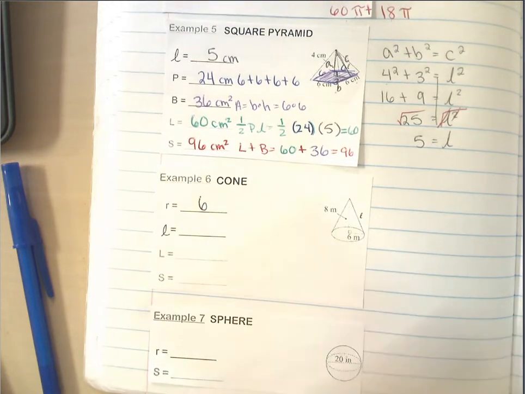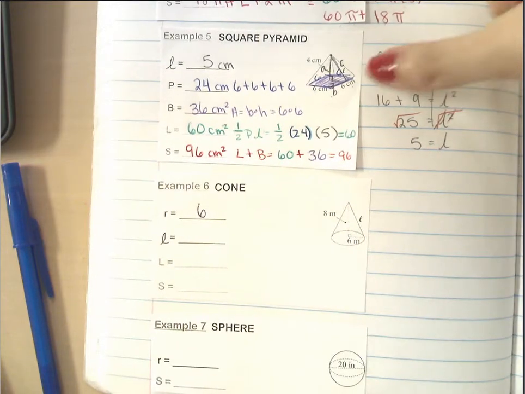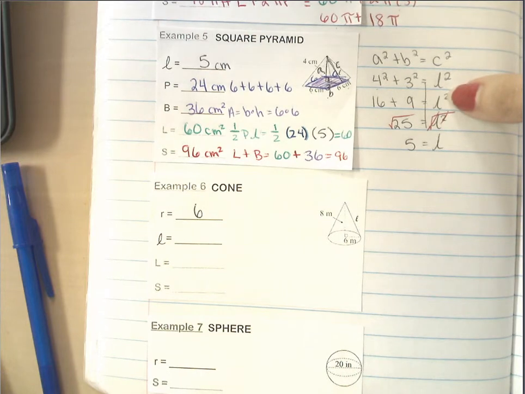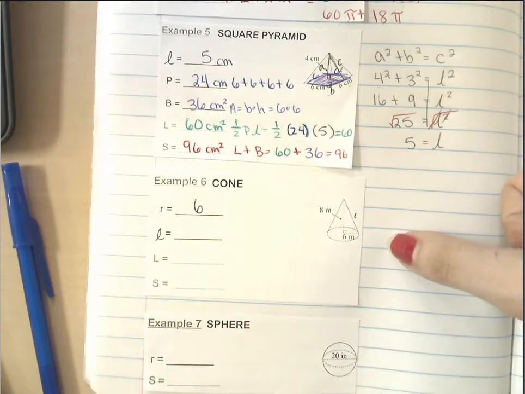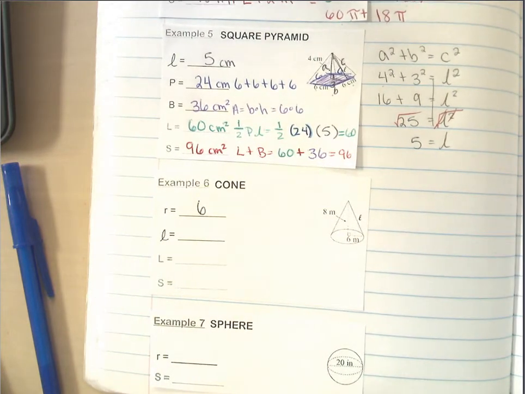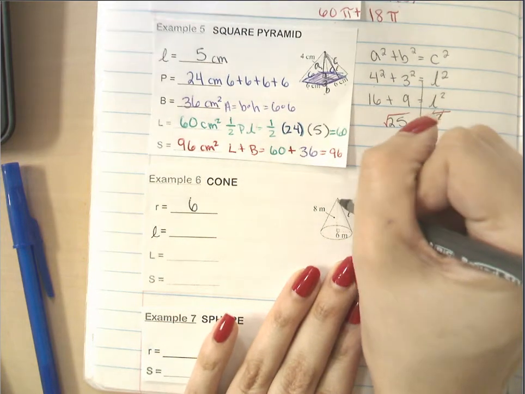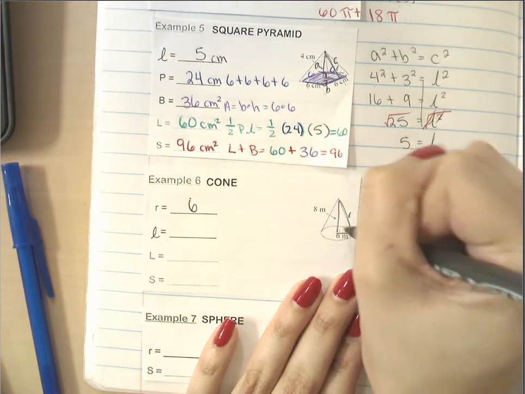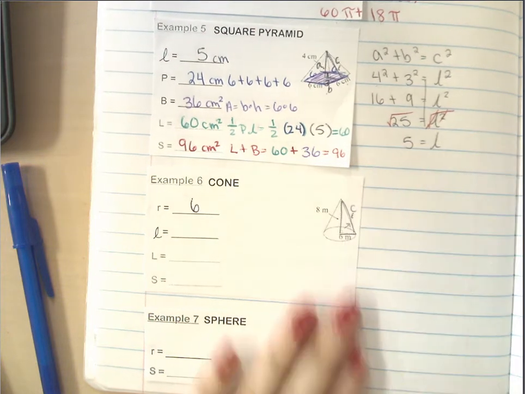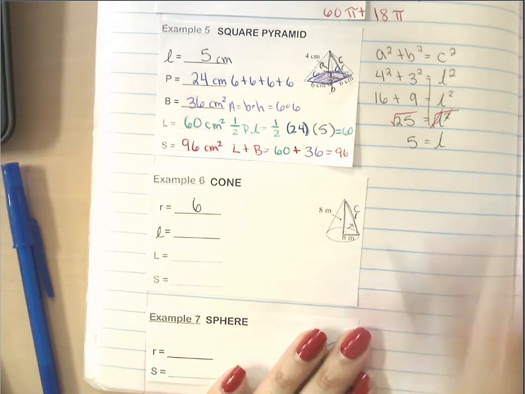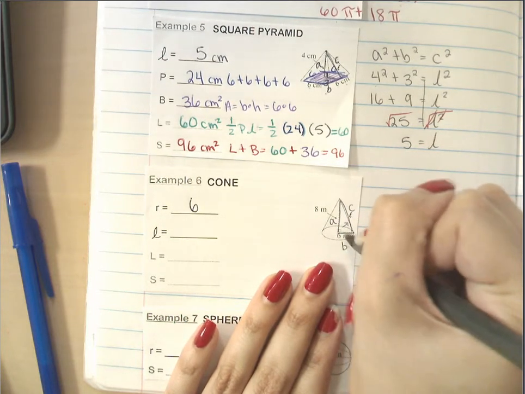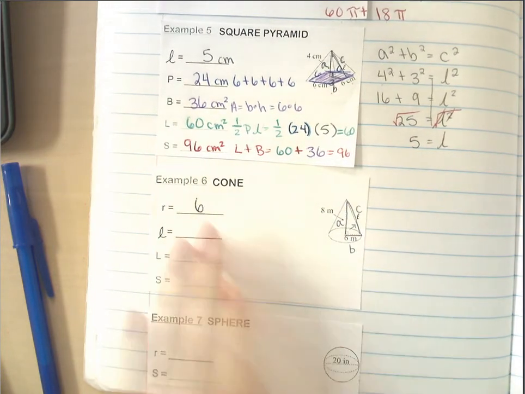Kind of like what I did on example 5, where I had to create a triangle to find the slanted height. That's the same thing I'm going to do with the cones. It's kind of easier to see with the cone though. Here I have my little right triangle. The little square points to the hypotenuse, which is the C. And so the A is the 8, and the B is the 6, which was the radius.